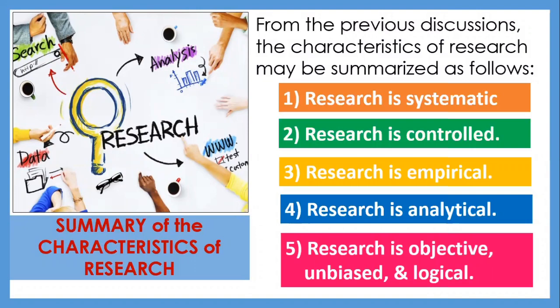And aside from that, we can also tell that research is controlled. Why controlled? Because all variables except those that are tested or being experimented upon are kept constant or not allowed to change or vary, so that the changes made on the subjects of the study can be attributed only to the experimental variable. This is especially true in experimental research.